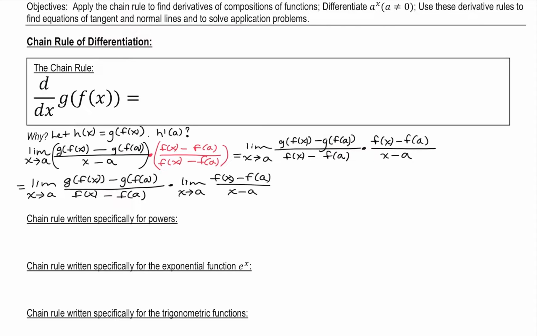All right, well, hopefully at least the second one should look really familiar, because that is the exact form of that second fraction for f prime at a.